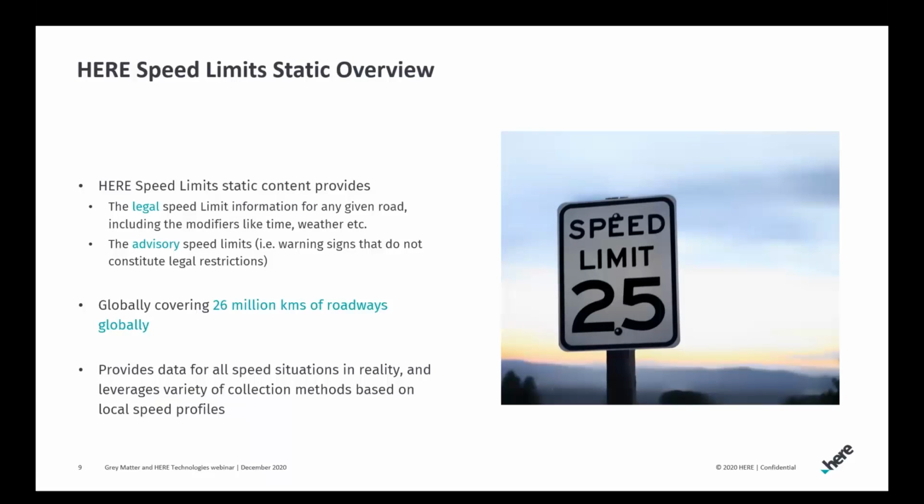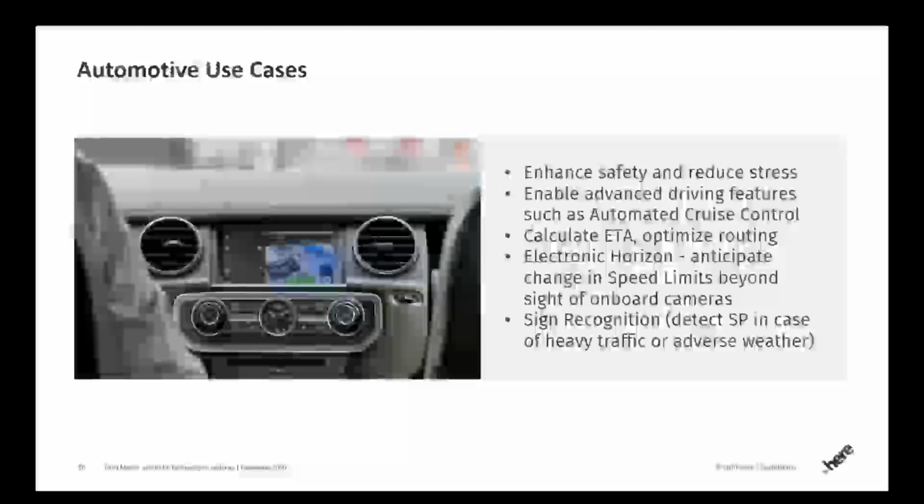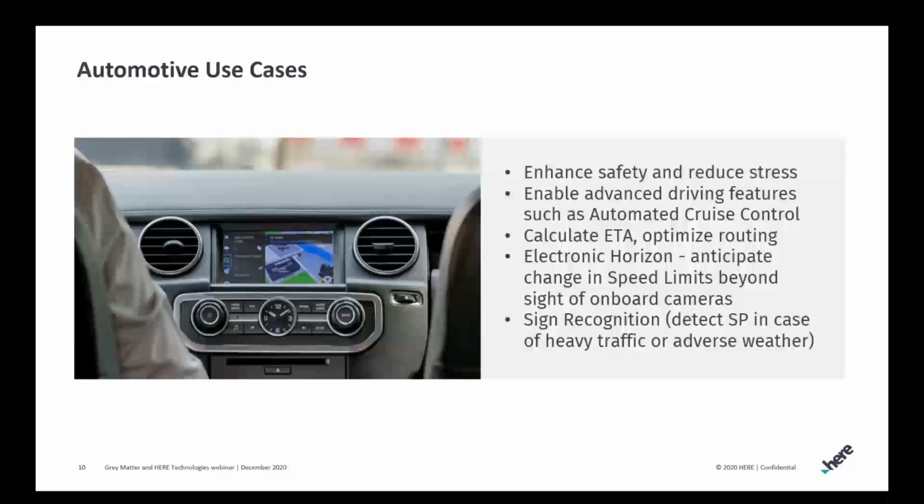We have partnerships with road authorities, and we're also using probe data, which I promised I will show you a bit more in detail on how that actually looks and how we can utilize that. Before I go there, first I'd like to quickly address some use cases for automotive, but also on the next slides for non-automotive use cases, specifically for speed limits.